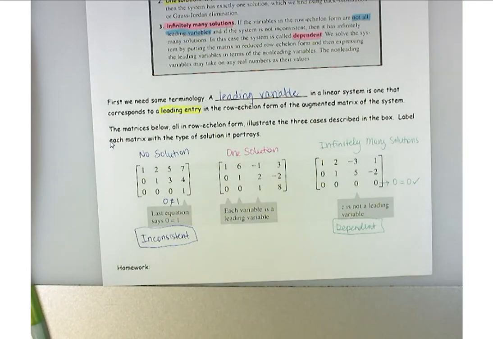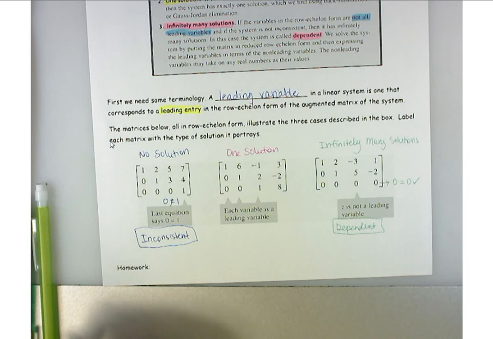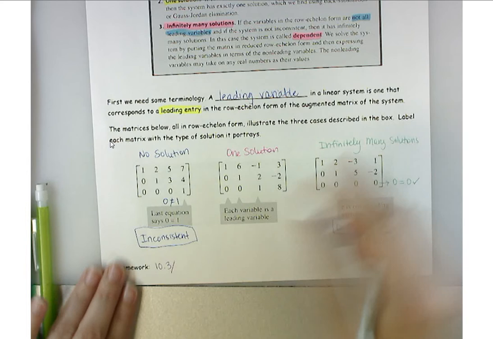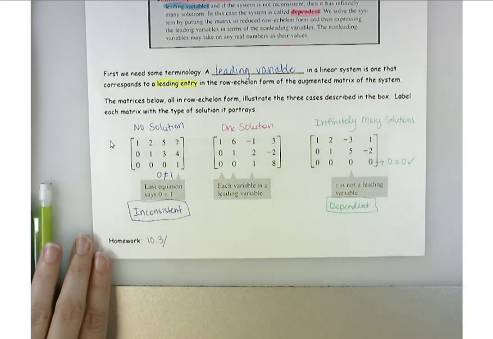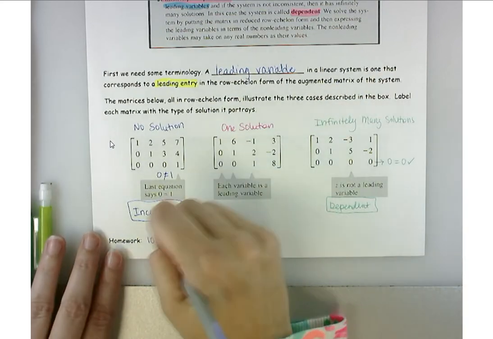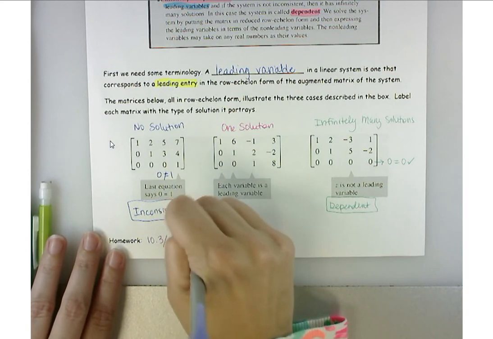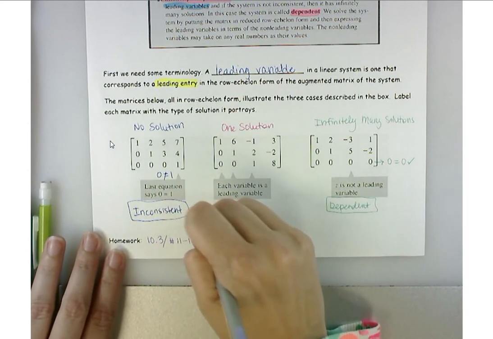Alright, so if you did not finish your homework from yesterday, make sure you do that this weekend. And then from your same section, 10.3, you're going to do 11 through 18, but just parts A and B only.